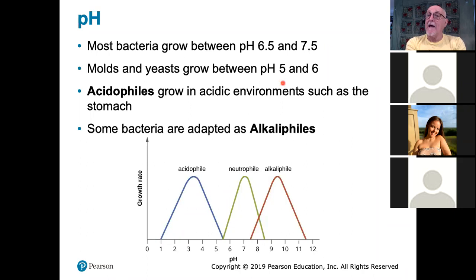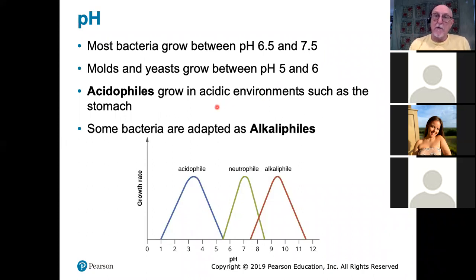And some of them are actually of interest to us because we have areas of our body which have a very low pH indeed, for example, the stomach. There are organisms which we'll hear about again when we talk about diseases of the gut.